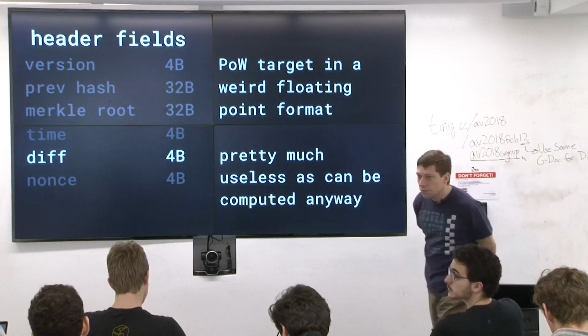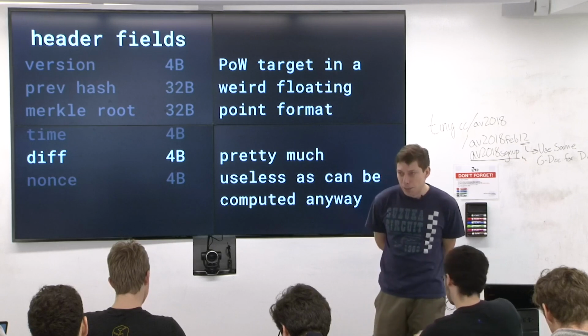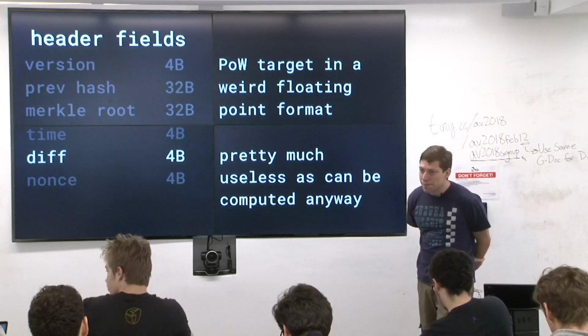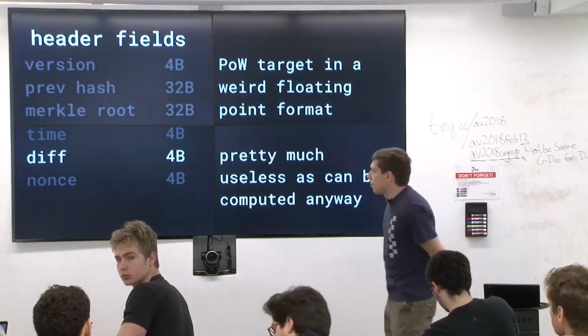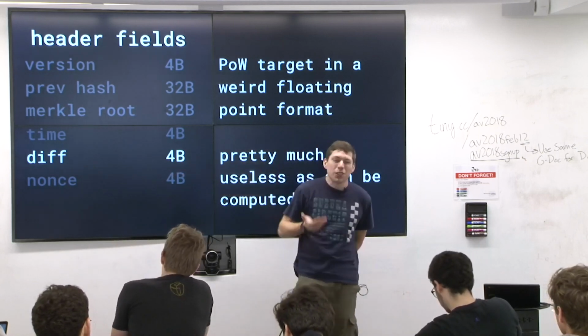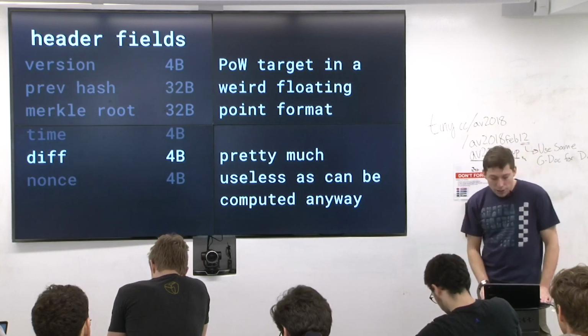Is difficulty constant for 2 weeks then? Yep. Well, sorry, not 2 weeks, 2016 blocks, which is generally around 2 weeks. From block to block, within that almost 2 week period, the difficulty would be the same. If you look at the headers, this is just a constant, it's always the same. So it's kind of a silly field to be in there. You never need it, and it's always the same.